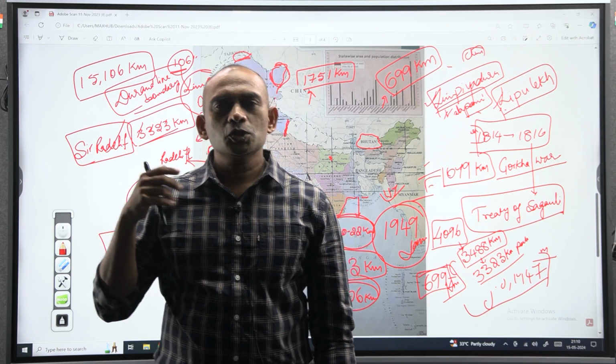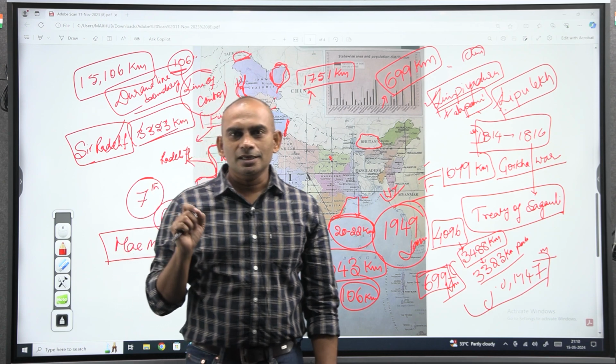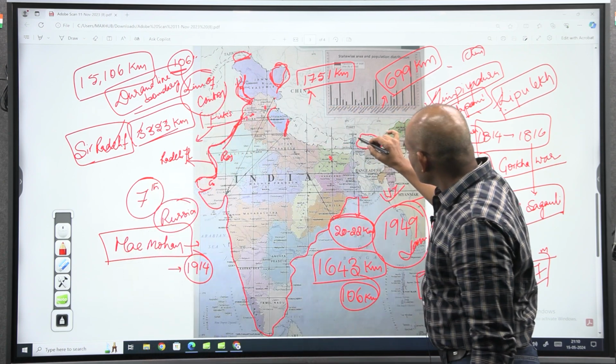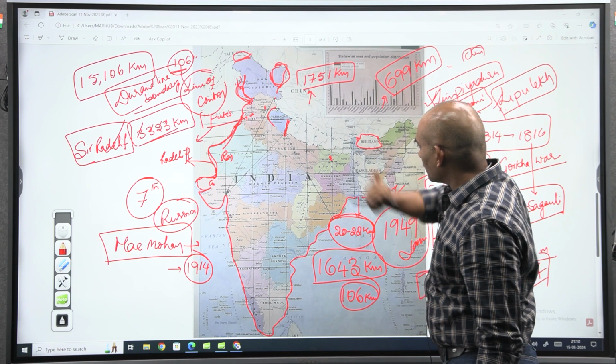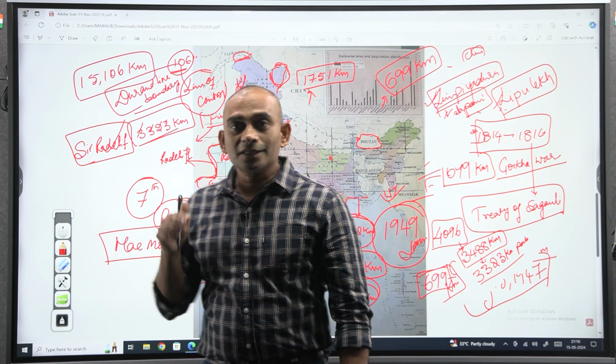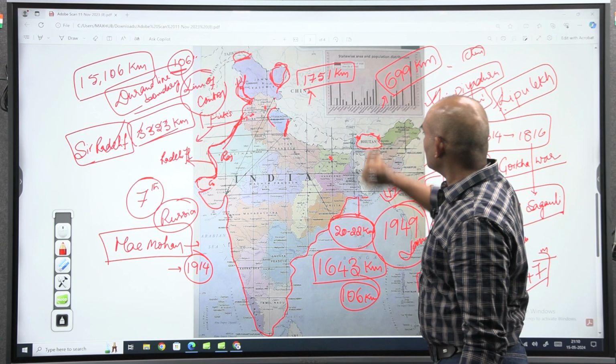China wants to occupy some region. Suppose China is claiming one area here. So it is trying to claim this region, this region, this region, like that.